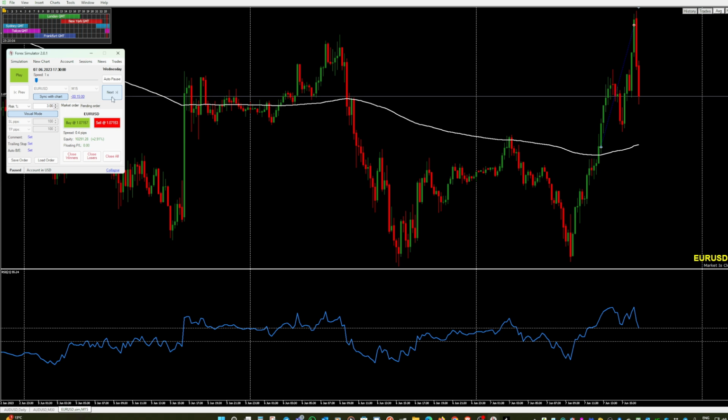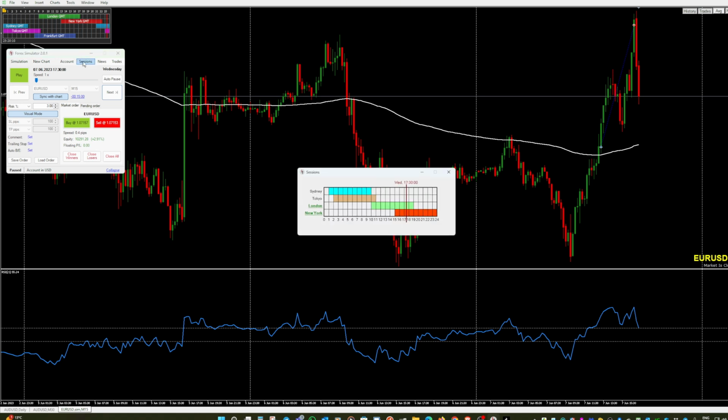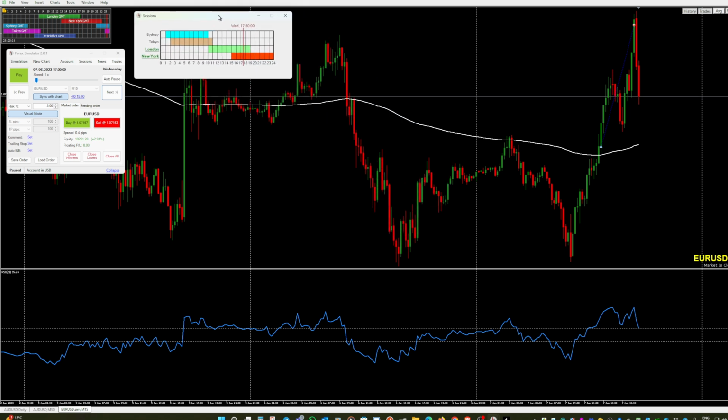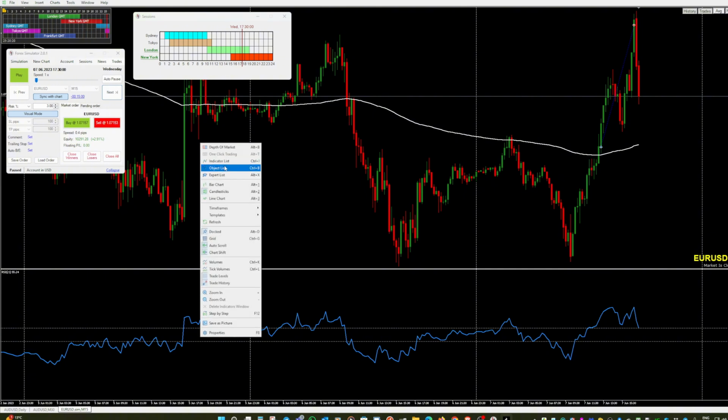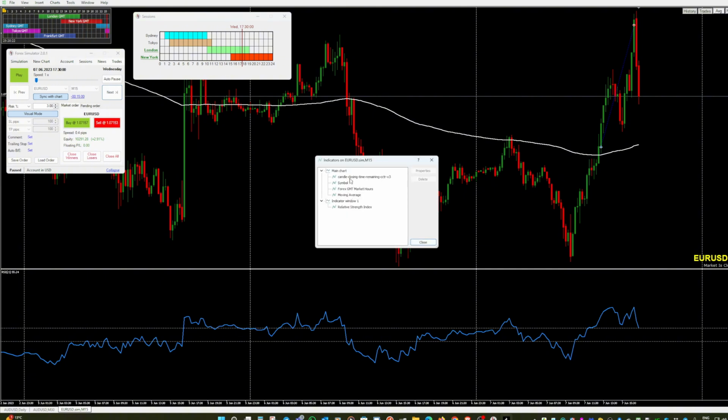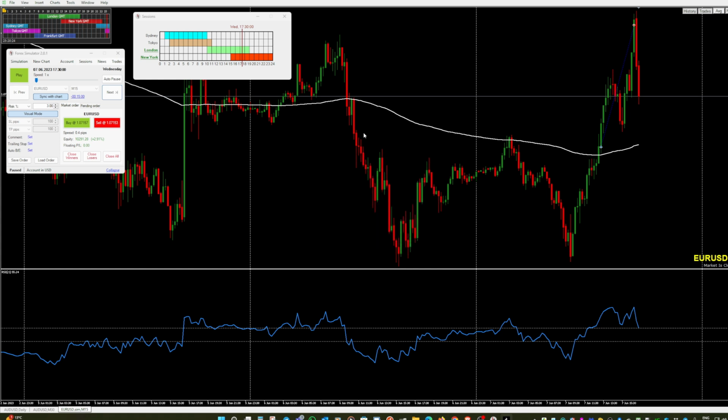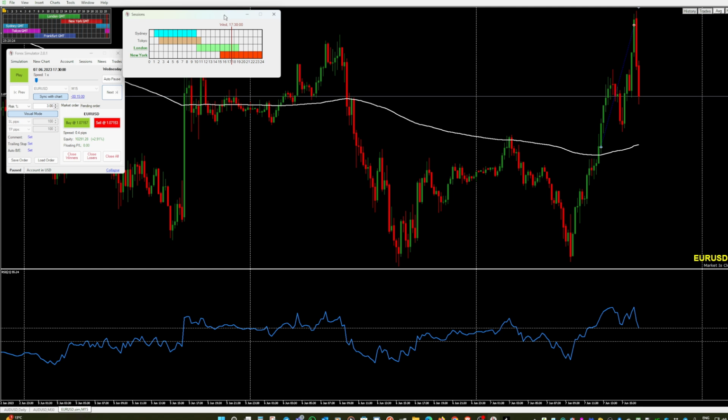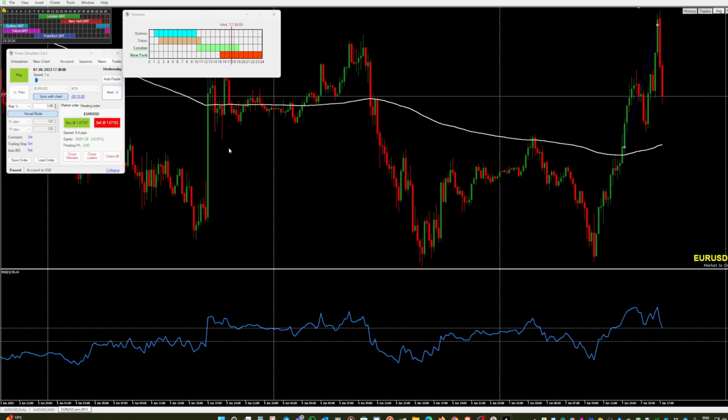So we can see here now, I think we've got our history here. Actually, I just found the sessions on this particular indicator because this one only works on a live chart, so I'll actually remove that one. Got our session times here, so that works.